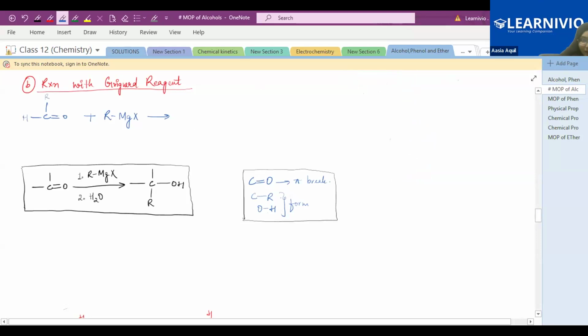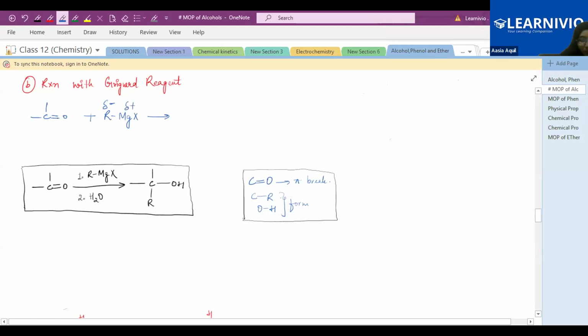If I attach another R' group here, it becomes your ketone, R-CO-R'. So generally we are talking about carbonyl compounds. When carbonyl compounds react with RMgX, you know very well this R will have partial negative charge, and MgX will have partial positive charge.